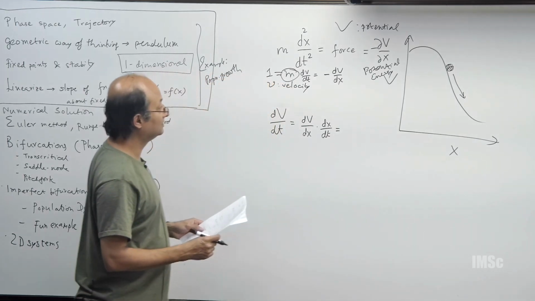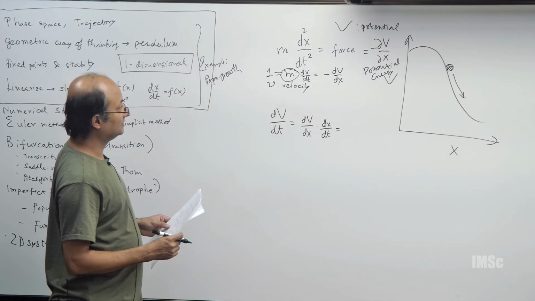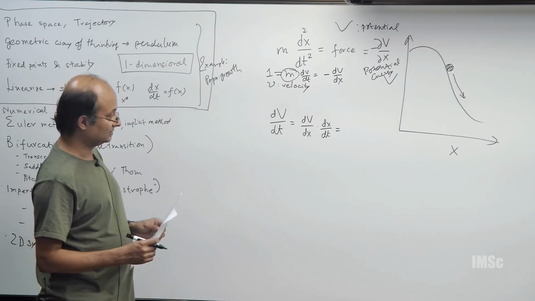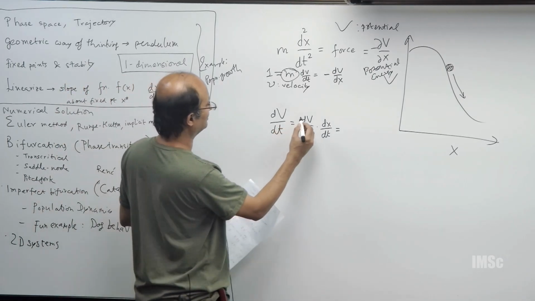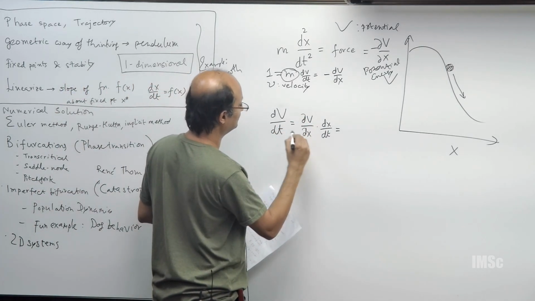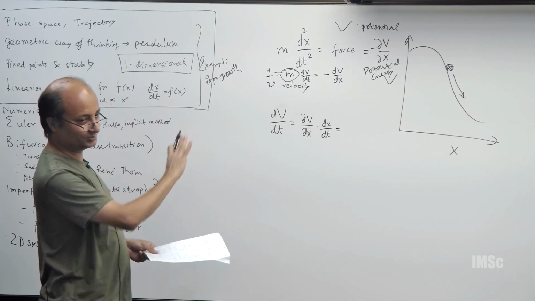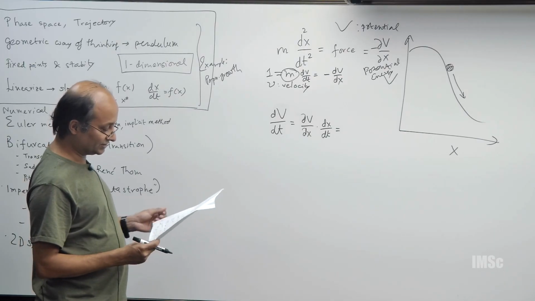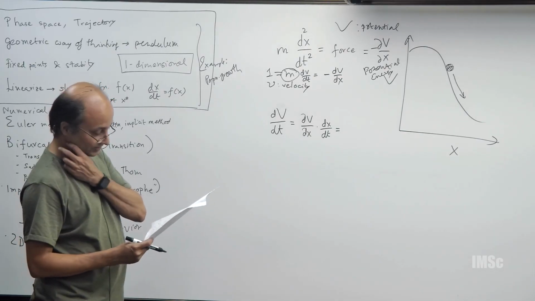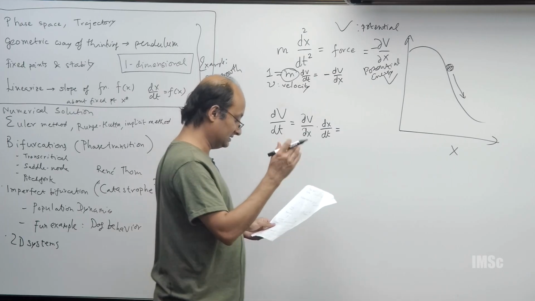Isn't force always like a partial derivative of the potential? Yes. Yeah, so I'm just considering, for the moment, potential as a function of x only. Yeah, but you're right, it will also change with time.